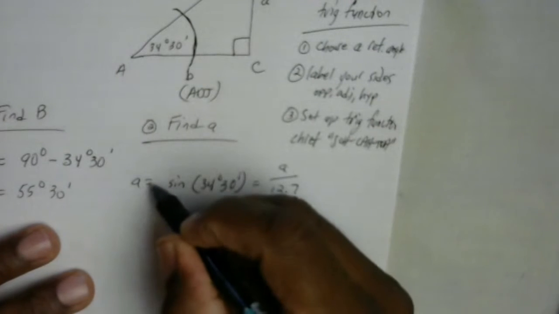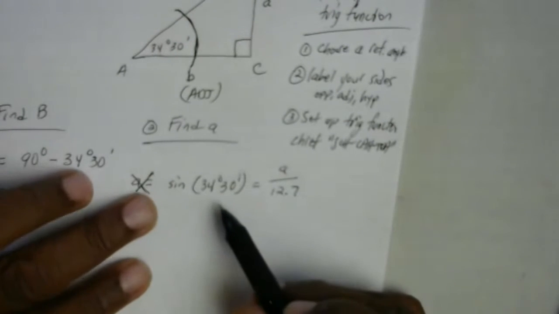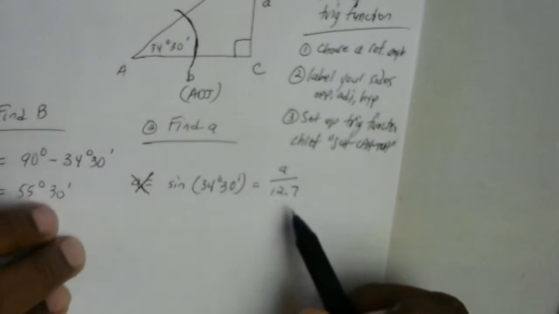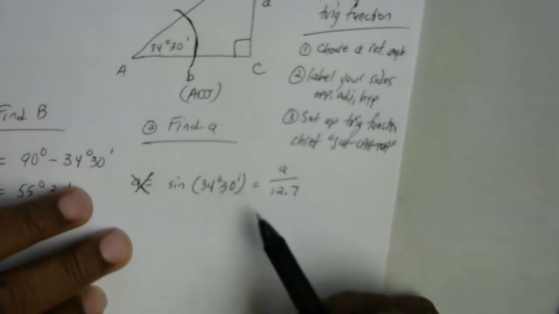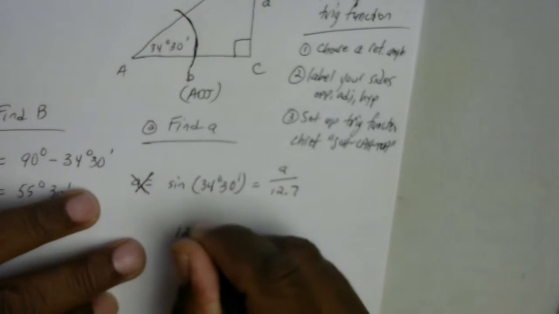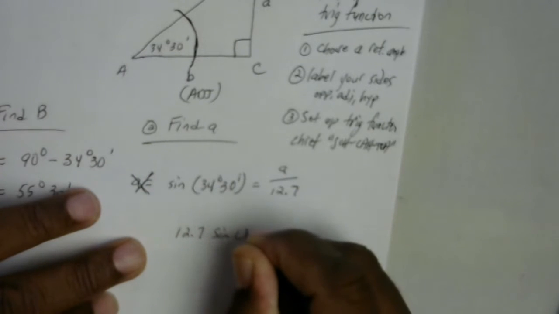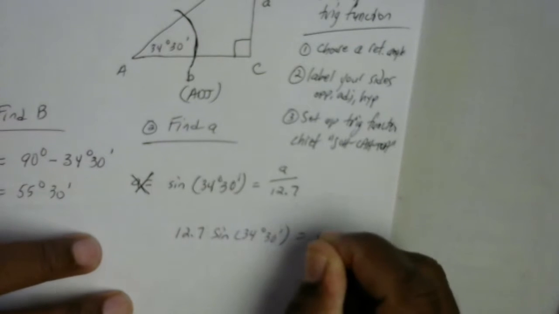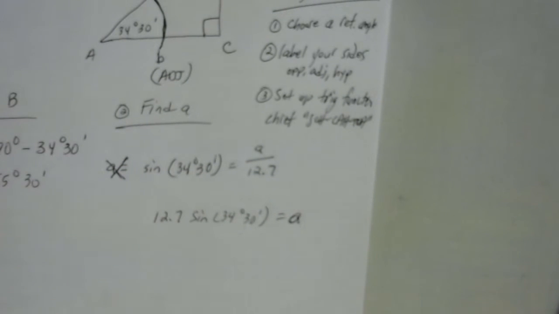I'm sorry, to cut out on the confusion, I shouldn't have actually written this. So the sine of 34 degrees, 30 minutes is equal to A divided by 12.7. The next thing I want to do is solve for A, so I'm going to multiply both sides by 12.7. And now I'm going to simplify.